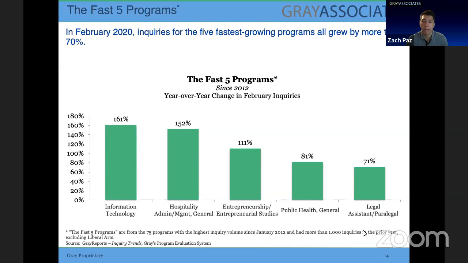There's a pretty good mix of fast growing programs from all different disciplines as well as levels. So hospitality management, entrepreneurship, public health, which will be interesting as we make it through the next few months, to see if the current events will affect the trends that we're seeing in our demand for programs.